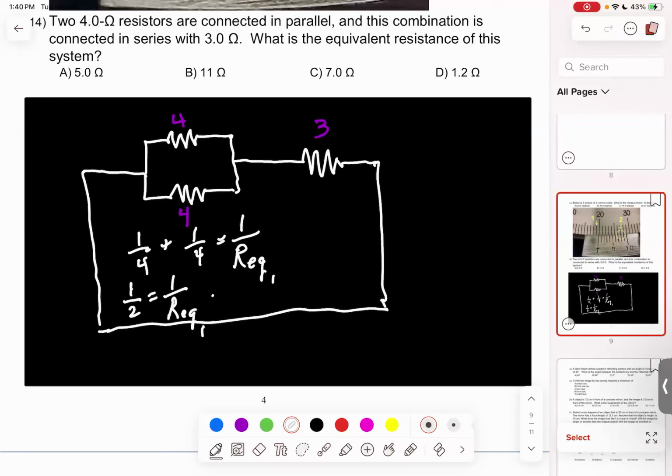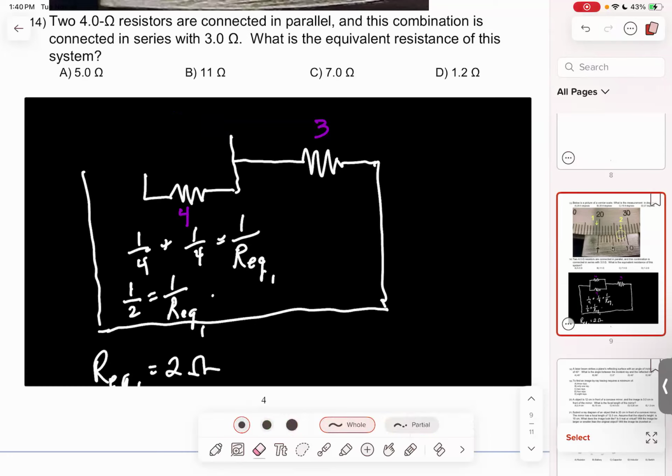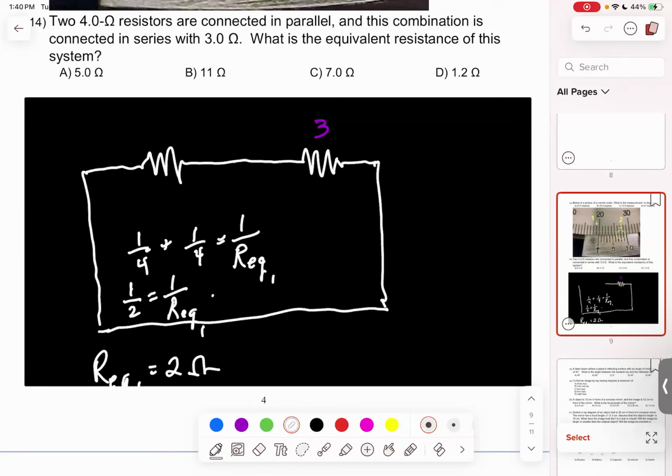And so REQ1 is equal to 2 ohms. So for sake of space here, let's just erase this. And that now gets replaced with a 2 ohm resistor.